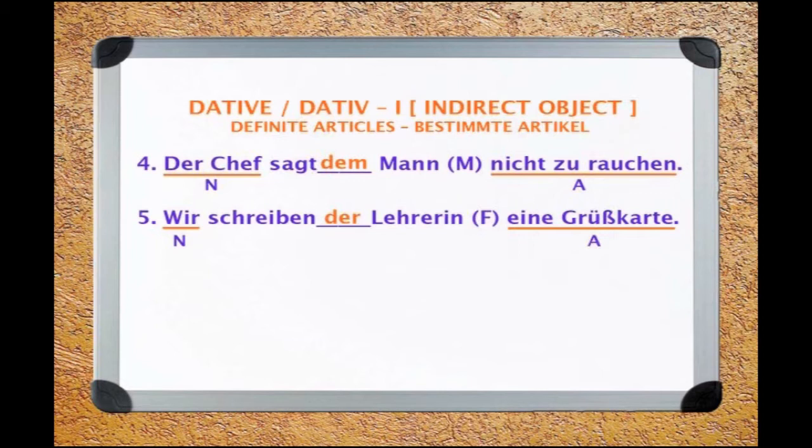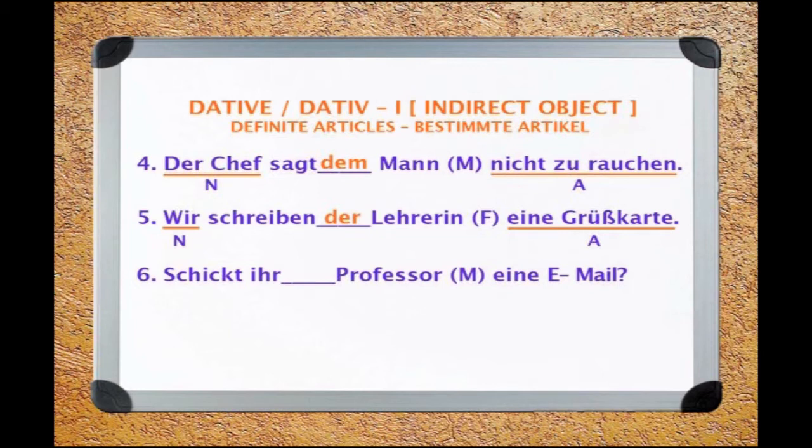Now let us look at sentence number 6. Schickt ihr Professor eine E-Mail? Here, as you see, it is a question, a yes or no question, because the verb is at the first position. Now schickt comes from the word schicken, which means to send. Now the verb is conjugated according to the pronoun ihr. So who sends? It is ihr.